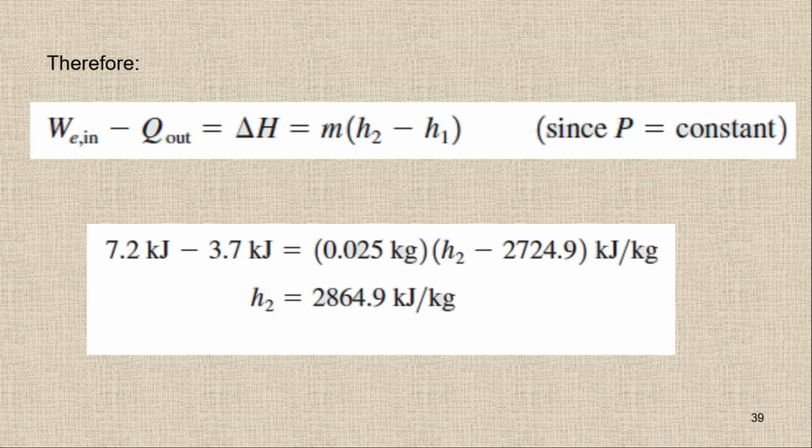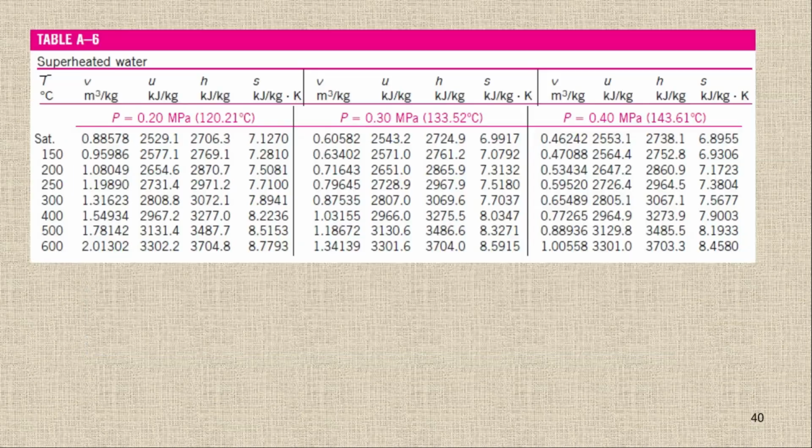So we are going to use table A6 to find out the value of temperature. Here we have different blocks. You can see here, we have a pressure of 300 kilopascal, equal to 0.3 megapascal. So you have to use this block.